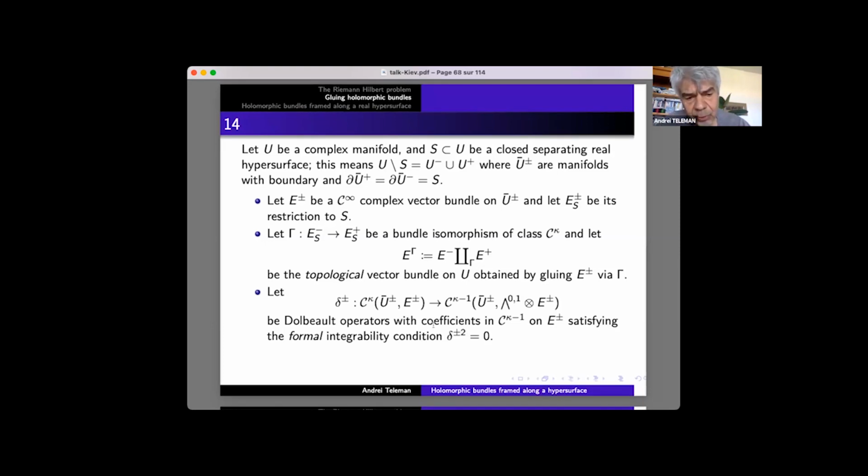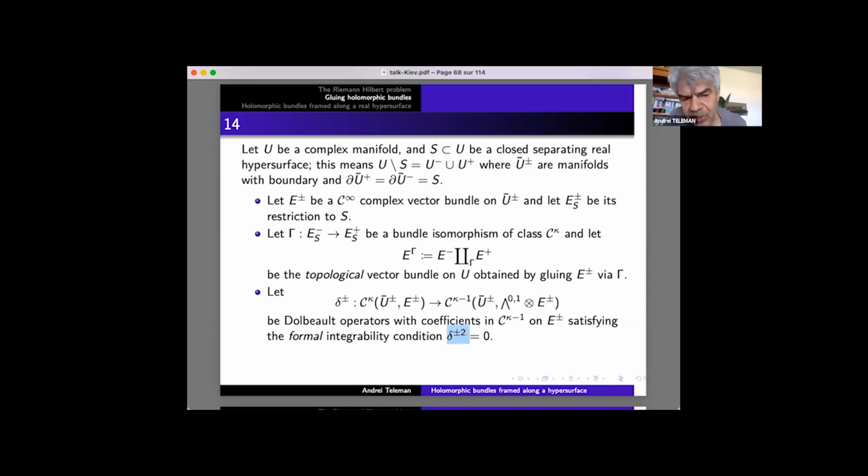Okay, now I also fix Dolbeault operators. They are generalizations of d-bar. Sometimes they are called semi-connections. I call them Dolbeault operators because I think that Dolbeault deserves to be quoted for this. So with coefficients of class C kappa minus 1, satisfying what I call the formal integrability conditions. This means that the square, in a certain sense which I don't have time to define, is 0.